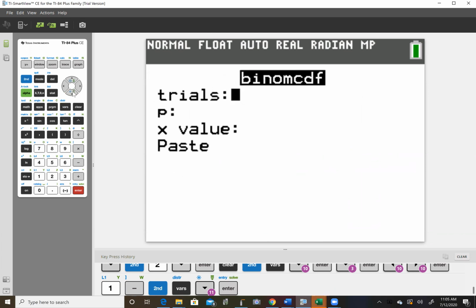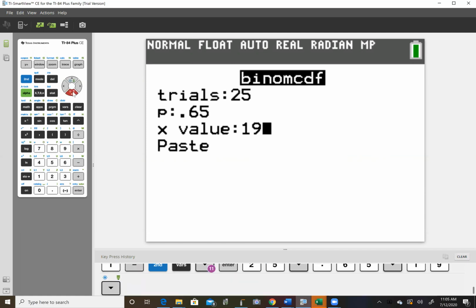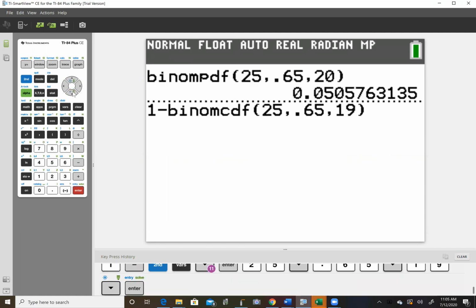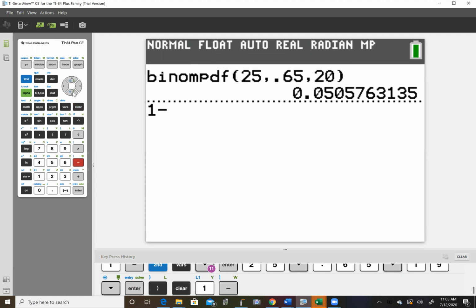So we still have 25 trials. Our probability is still 0.65, but this time we want to add up everything up until 19. Paste. We're going to type it in just like that.